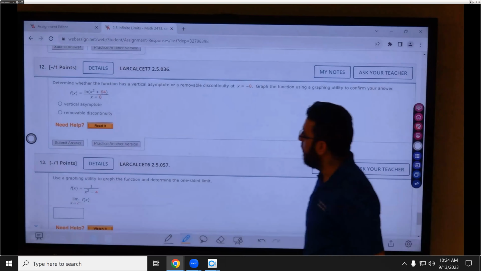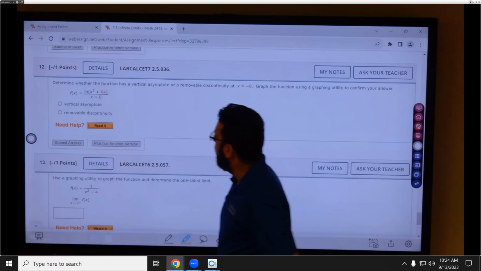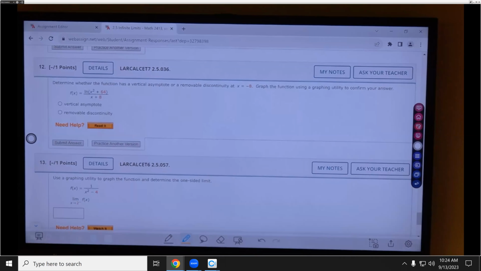So now, what did I ask you? If x equals negative 8, vertical asymptote. What vertical asymptote? So you're going to choose this one. That's it. What about the next one? Because now it's rational, and it's not just the limit by itself. What about the next one?